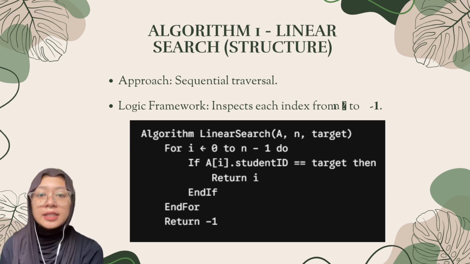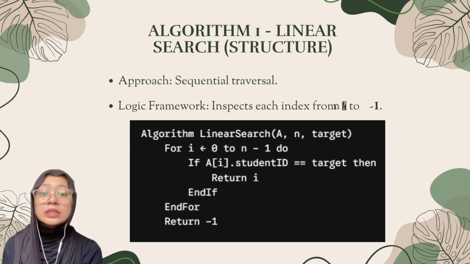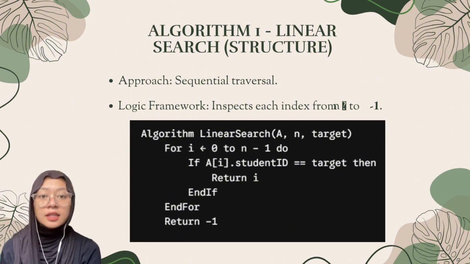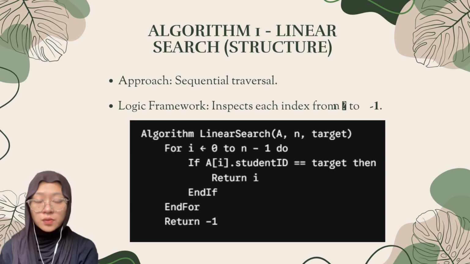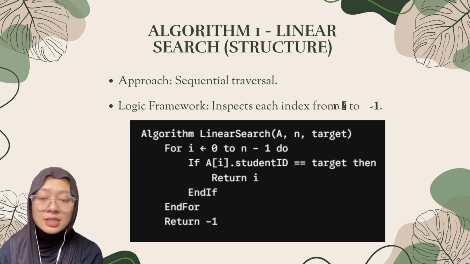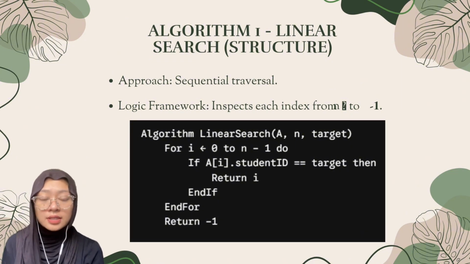If the student ID property matches the targeted input key, the routine instantly terminates and returns the array index i. If the dataset is fully traversed without satisfying that condition, a sentinel value of -1 is triggered to denote that the record does not exist.